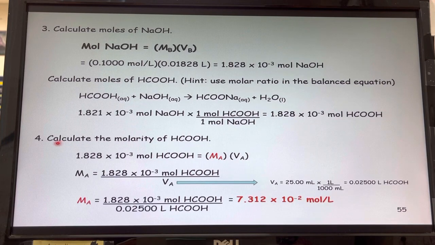And now we can calculate the molarity. So we've got the moles of methanoic acid equals the molarity of A times the volume of A. And so, again, we have to convert that volume into liters, otherwise it won't work, okay? And we just divide those two numbers, moles per liter, because molarity is in moles per liter.